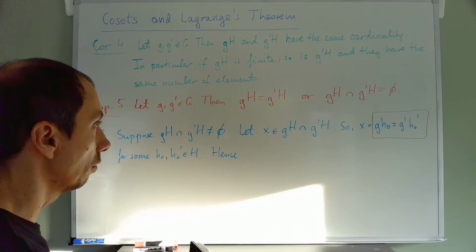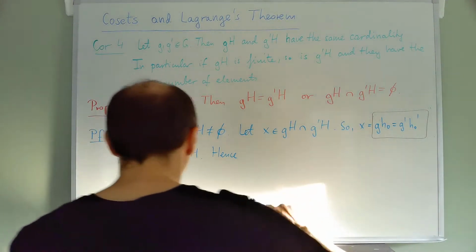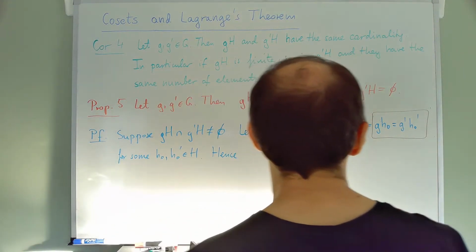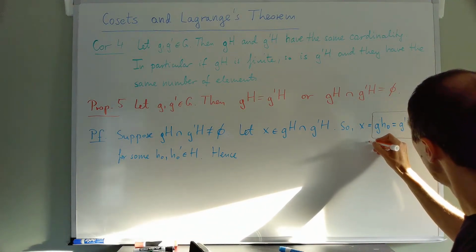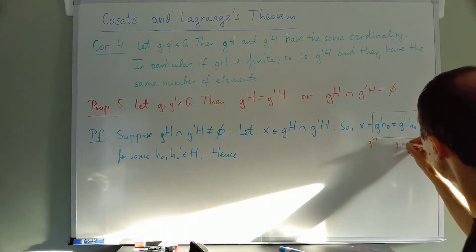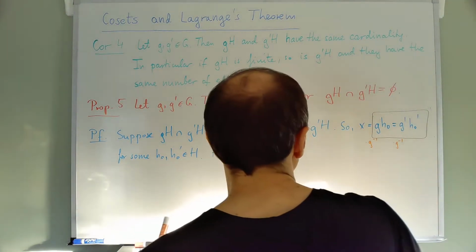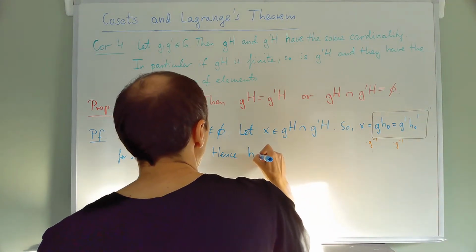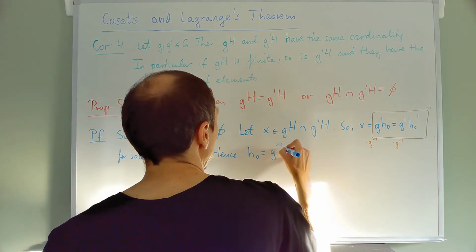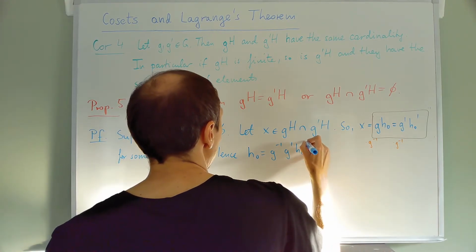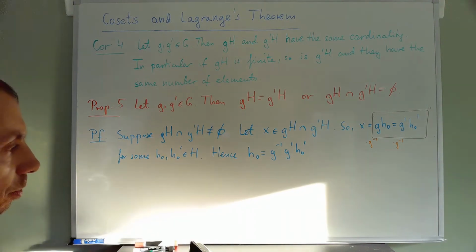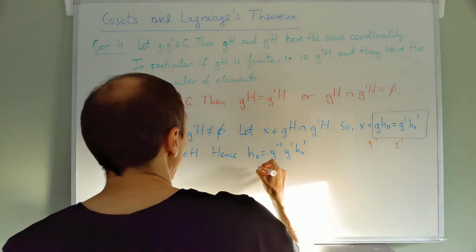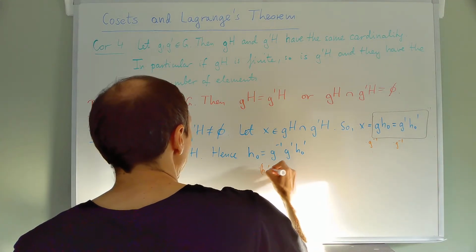All right, so let's do this. I want to get g inverse and g prime by itself. So I'm going to multiply on the left by g inverse. So I get h0 is equal to g inverse g prime h0 prime. I want to get g inverse and g prime by itself, so now I'm going to multiply on the right by h0 prime inverse.